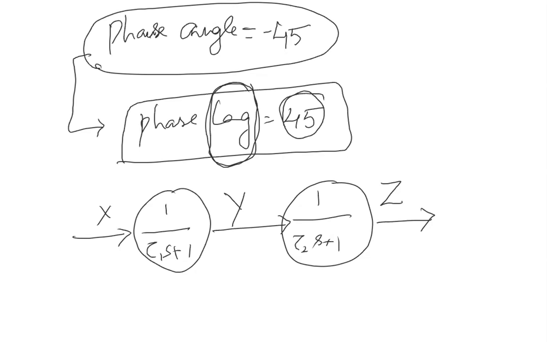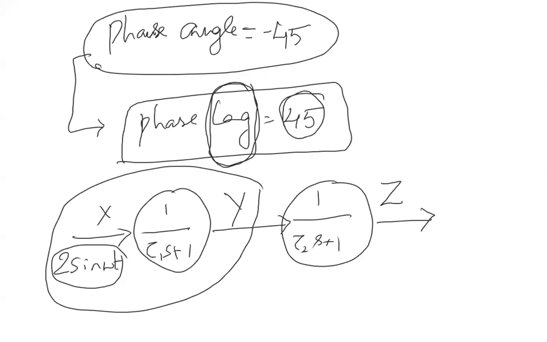When x is equal to 2 sin omega t, the phase angle between y and x is minus 45, that is phi of y to x is minus 45. Y to x is a single system, so that is tan inverse of minus tau 1 omega equal to minus 45.